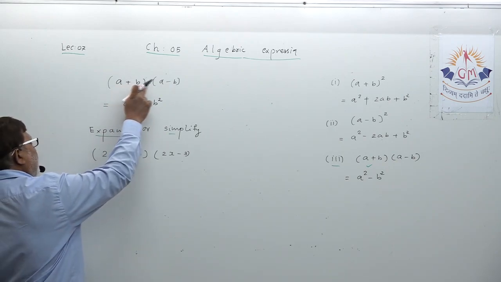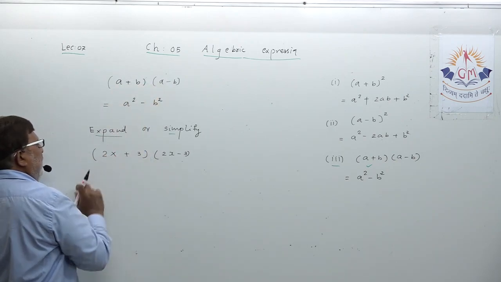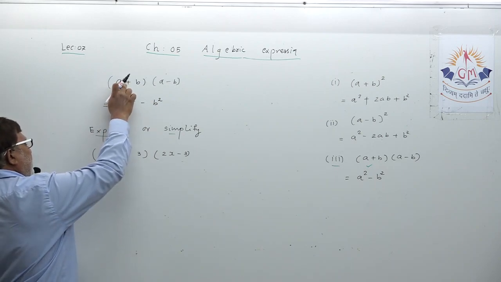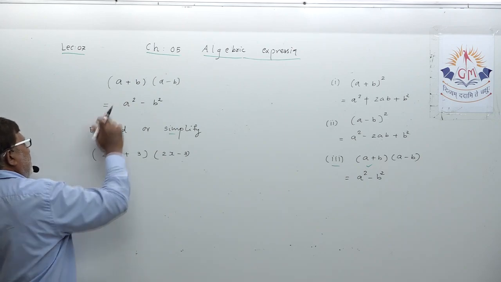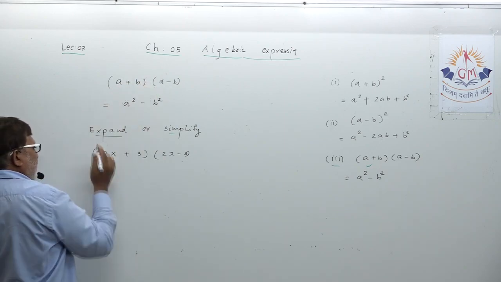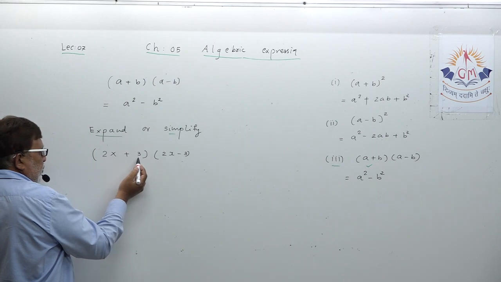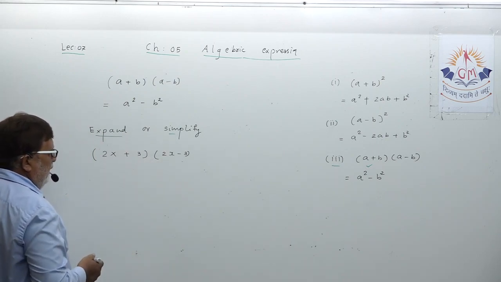How many brackets? Two brackets, both brackets have different signs, plus and minus, yes. Both brackets have similar terms, yes. 2x plus 3, 2x minus 3.